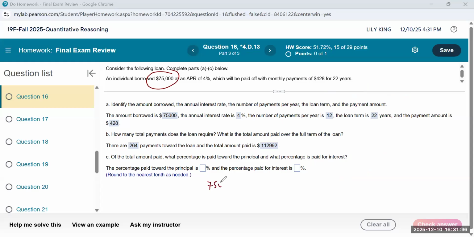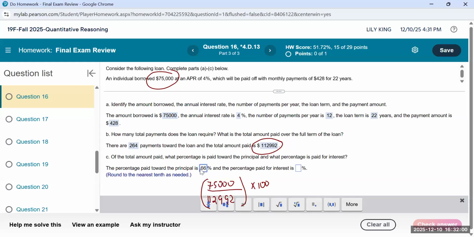So 75,000 divided by your total payback and then times 100. And this is 66.4, if you leave it to the nearest tenth.